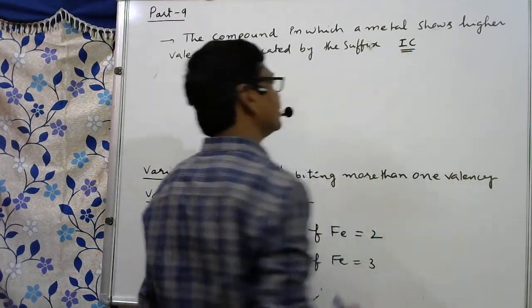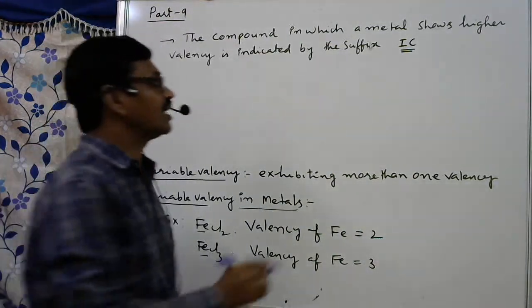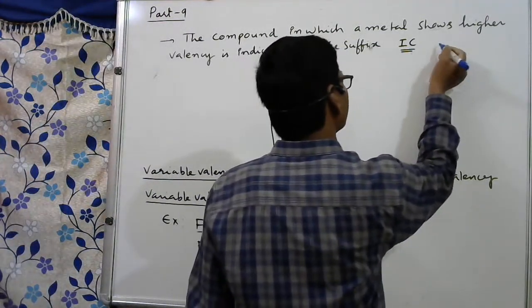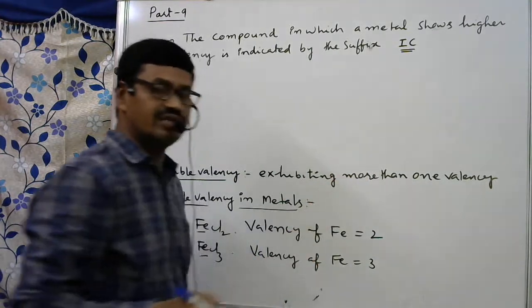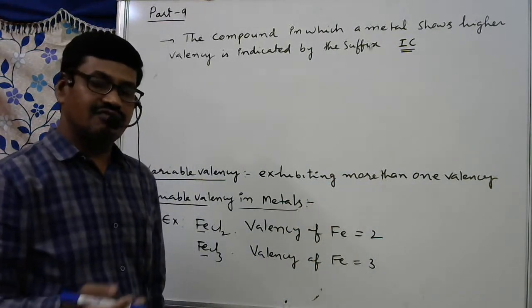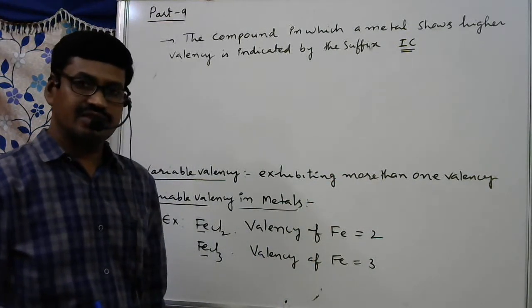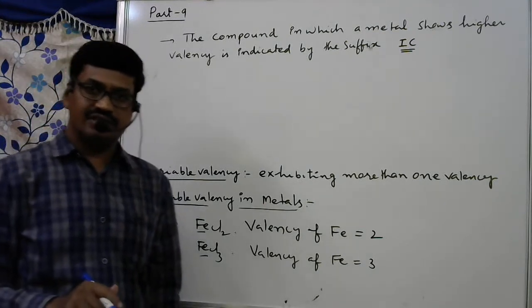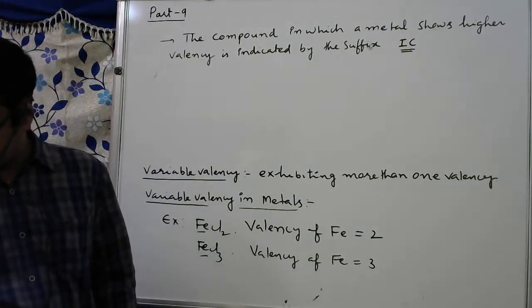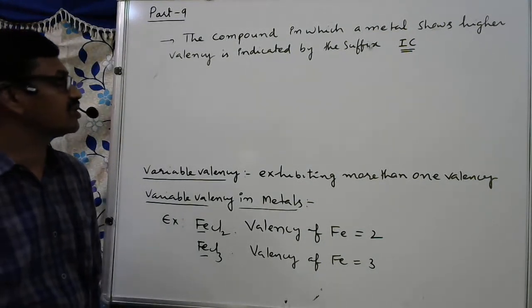Remember the suffix ic. Ic ion we can say, or ic compound: ic chloride if it is chloride, ic sulfate if it is sulfate. We have to use the ic suffix for the higher oxidation number.